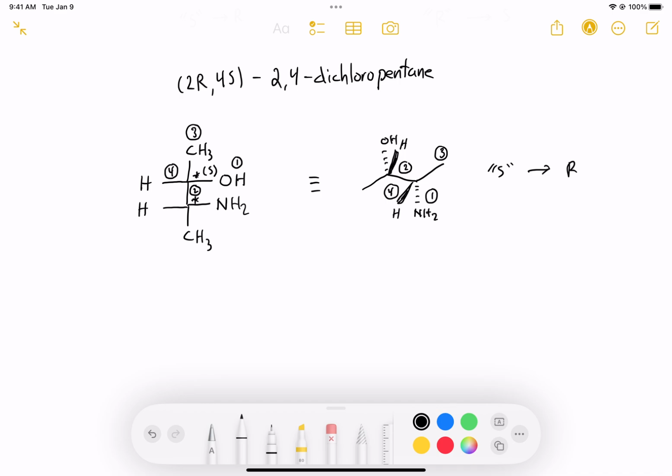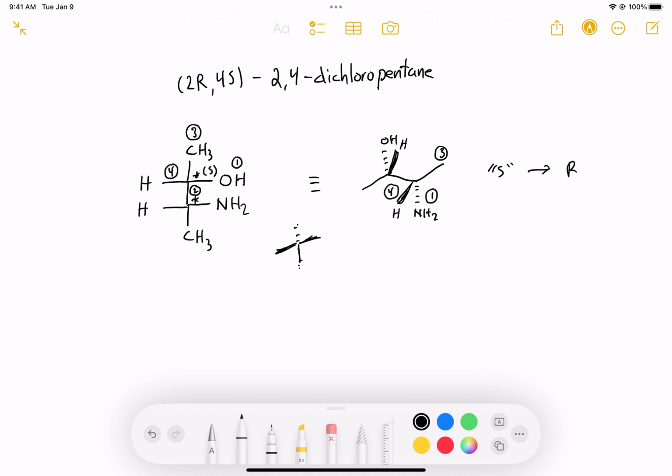Ah, I see what I did. So remember, a Fischer projection, we basically rotate it into a different conformation. So it looks like what I drew earlier.